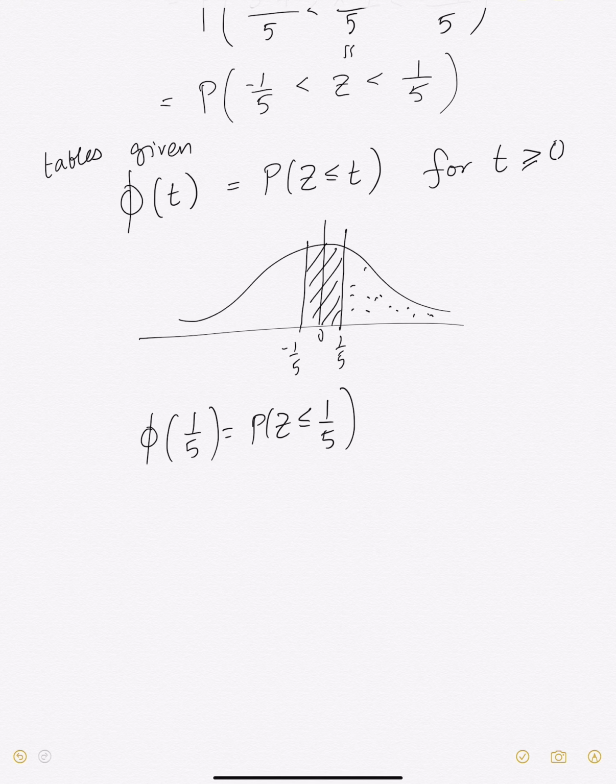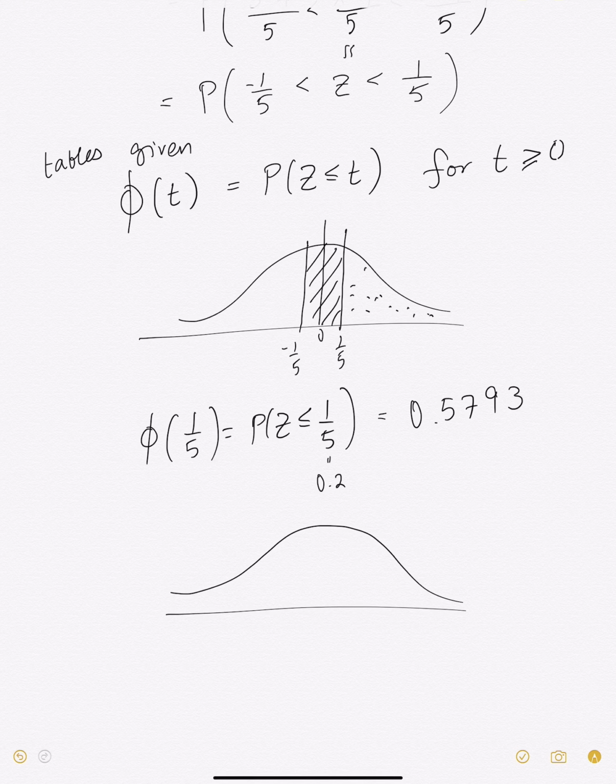That turns out to be 0.5793, if you look under the table at 0.2. So this whole area is 0.5793.